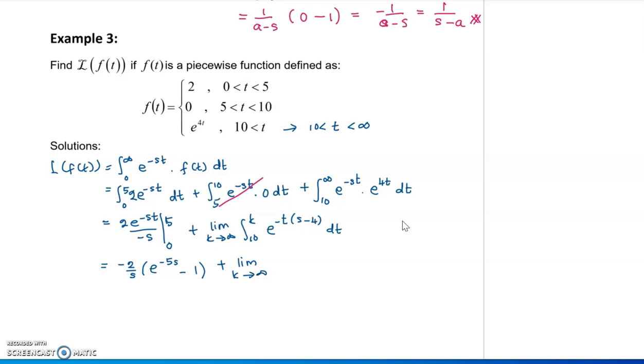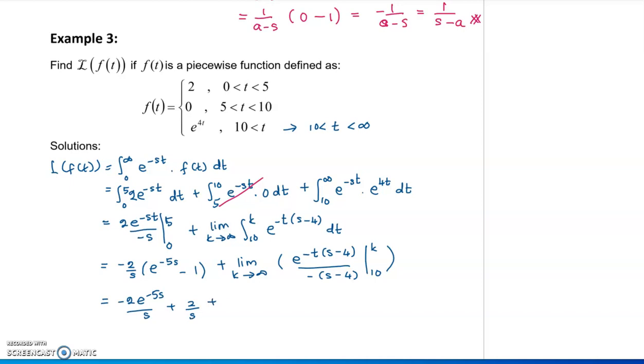That integral is now e^(-t(s-4)), but don't forget we need to differentiate negative t(s-4) so that we have negative (s-4), and then we evaluate from 10 to k. Be careful here. Sometimes students overlook this, and they tend to write 0 to k. So we have now negative 2 e^(-5s) over s plus 2 over s if we expand the term in the bracket.